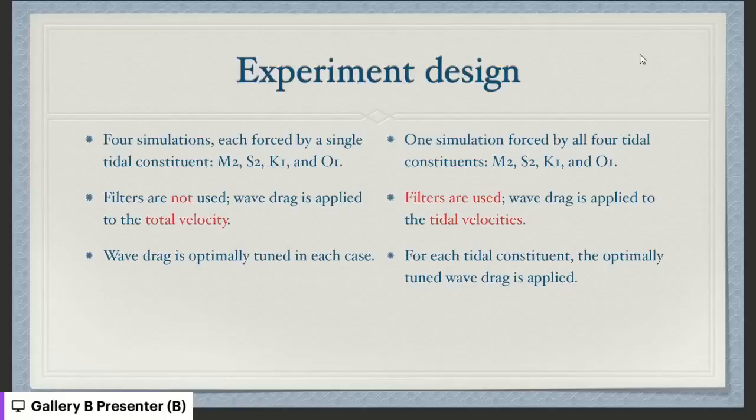And in the second set of simulations, I'll force the run by all 4 tidal constituents. And in this case, I will use the filter to extract the tidal velocity at each frequency, and then use the frequency-dependent drag to approximate this barotropic to baroclinic energy conversion.